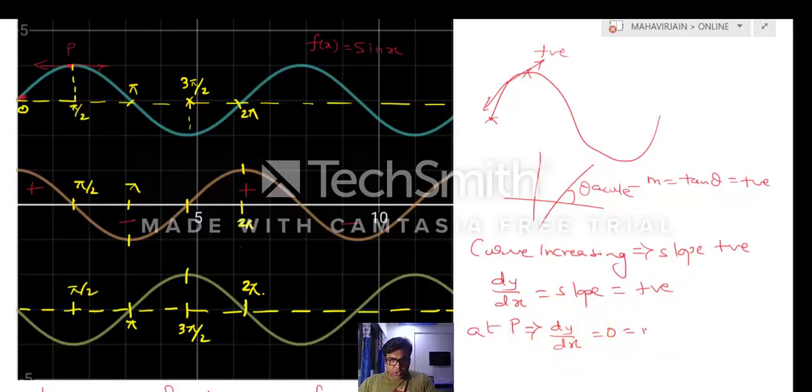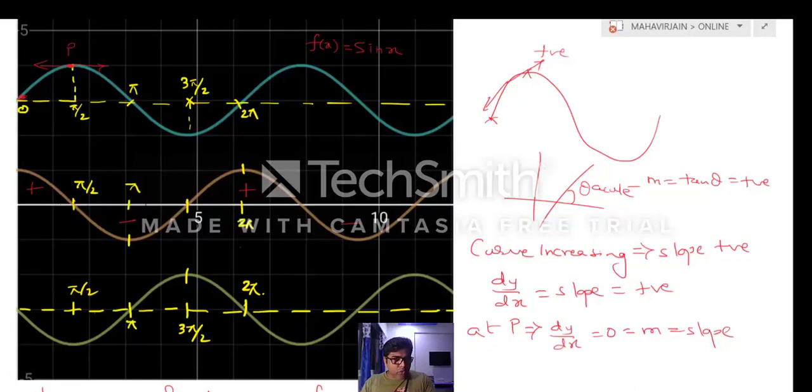Why? Because the slope of the line at this point is 0. Do you agree with this? So the derivative at this point is 0. At point P, pi by 2, the derivative is 0. So the derivative is positive, and it becomes 0.